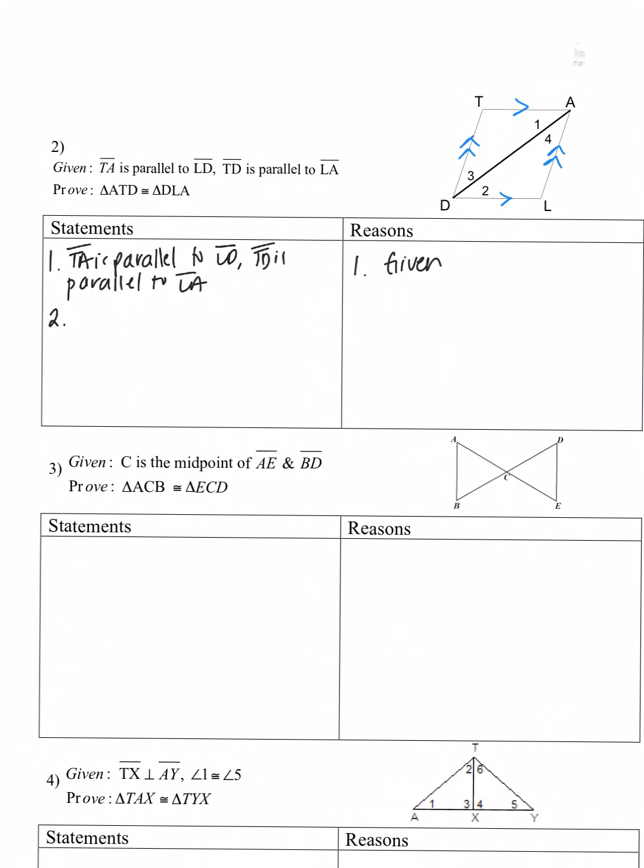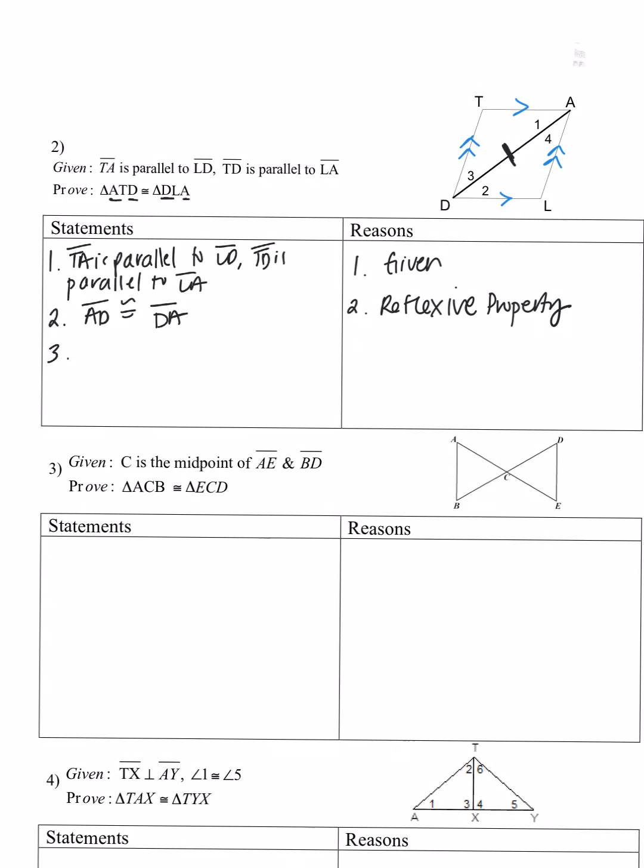Vertical angles, I don't have it. A shared side, I do actually have, so I can use that if I want. Right here, I know that AD, pay attention to corresponding parts, is congruent to DA by the reflexive property. There's my shared side.